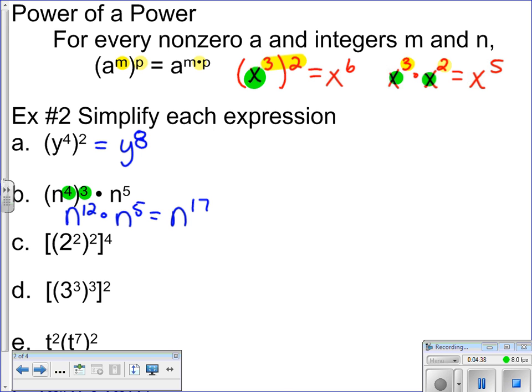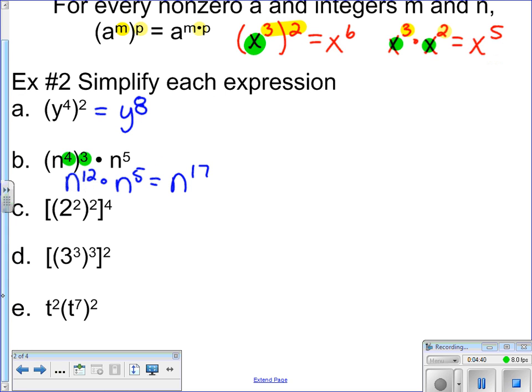Alright, let's take a look at C. Notice that there's a 2, 2, and a 4. We've got 3 exponents this time, but again, only one base. And when there's only one base, multiply the exponents. 2 times 2 times 4 is 16. And then you should use your calculator to work that out.